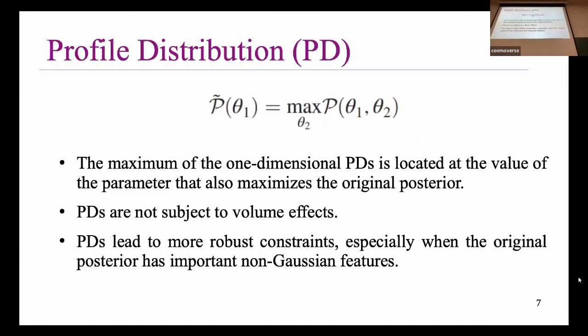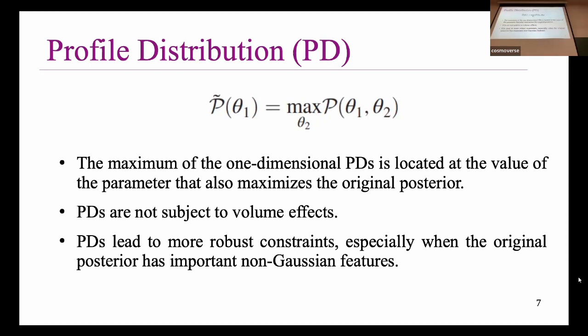So this is why some people, even the people from Planck in 2013, use the profile distribution and analyze how the constraints change. The profile distribution is defined by this simple relation. You just have to take the maximum of the posterior for a given value θ1, and it has some advantages. The maximum of the one-dimensional profile distribution is located exactly at the same location that maximizes the original posterior, so there is no shift, basically, in the best fit.